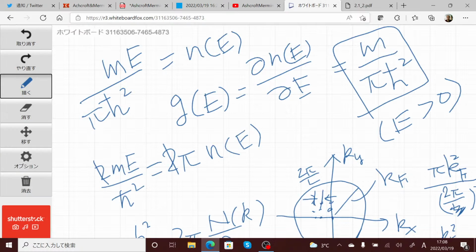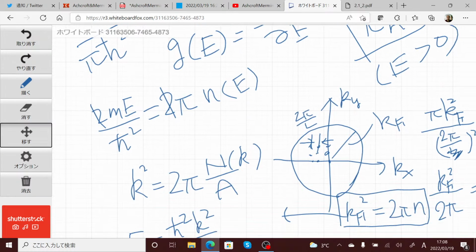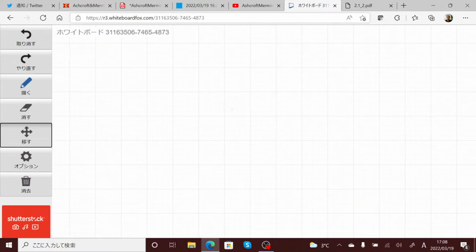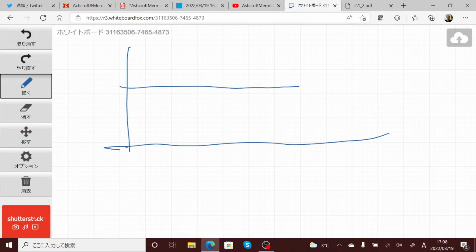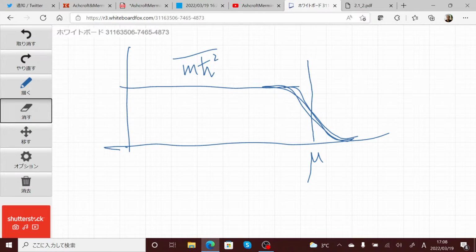Okay. We can do this way. So this is the view, right? So then we have m over pi h bar square.